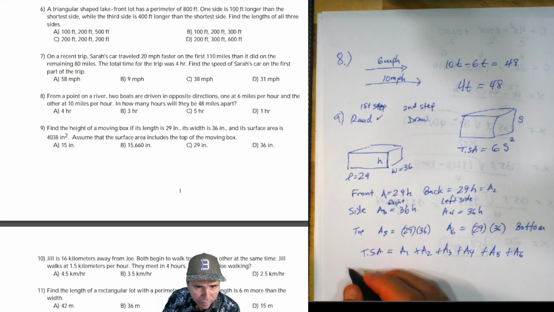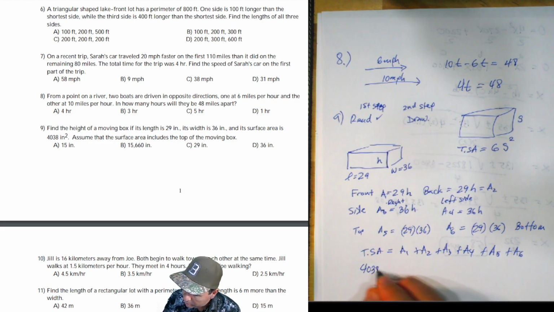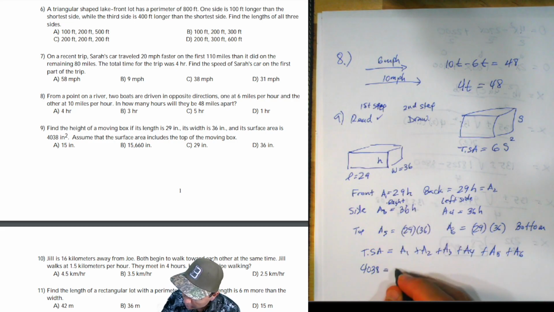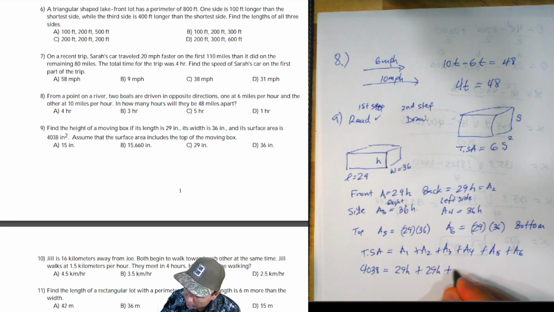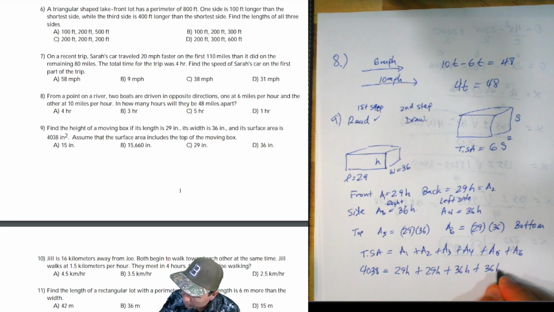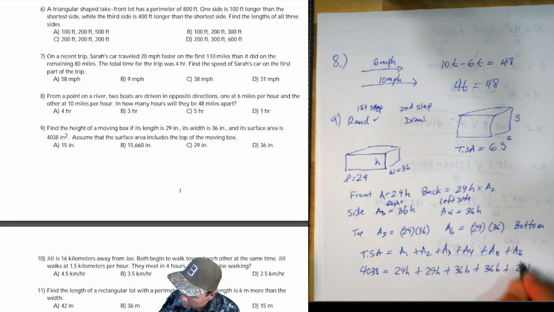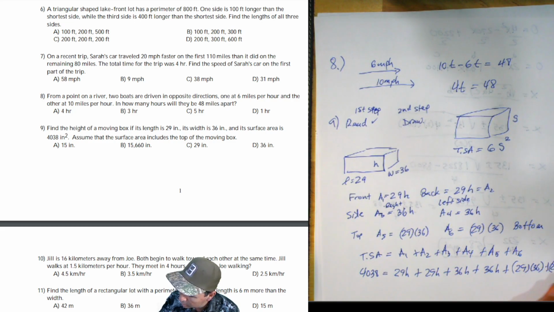So then we're going to have 4,038 is equal to area 1, which is 29h, plus area 2, which is 29h, plus area 3, which is 36h, plus area 4, which is 36h, plus 29 times 36, plus 29 times 36.